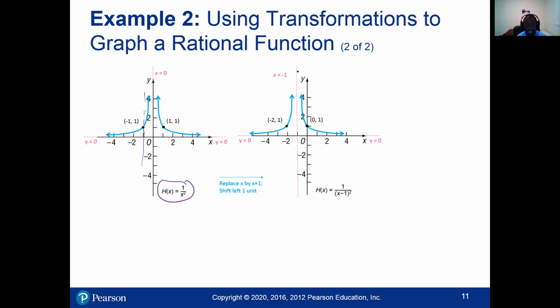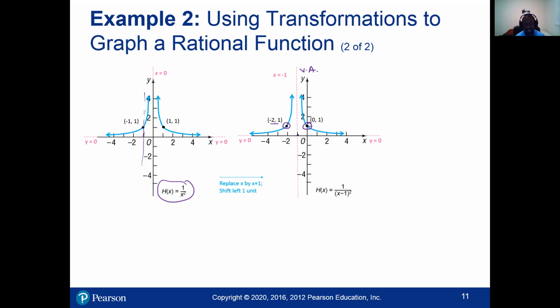So that's why we have the vertical asymptote here. That means every point on the graph is going to move to the left 1. So you have (1, 1); when you move it, you subtract 1 from the x-coordinate, and you get (0, 1). That is why this point is there. And also, if you have -1 and subtract 1, you get -2. So the coordinates are (-2, 1).